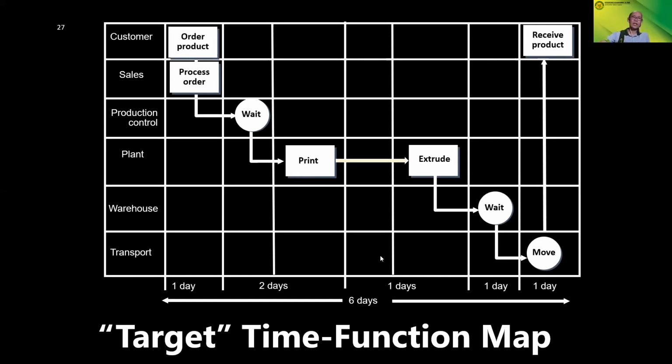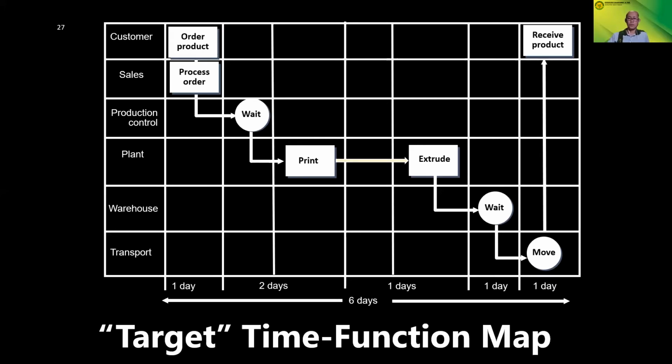As you can see here, it only took 3 days from the time the order was received until it was printed. There's no more waiting time for the order before the orders are extruded after the order has been printed, no?